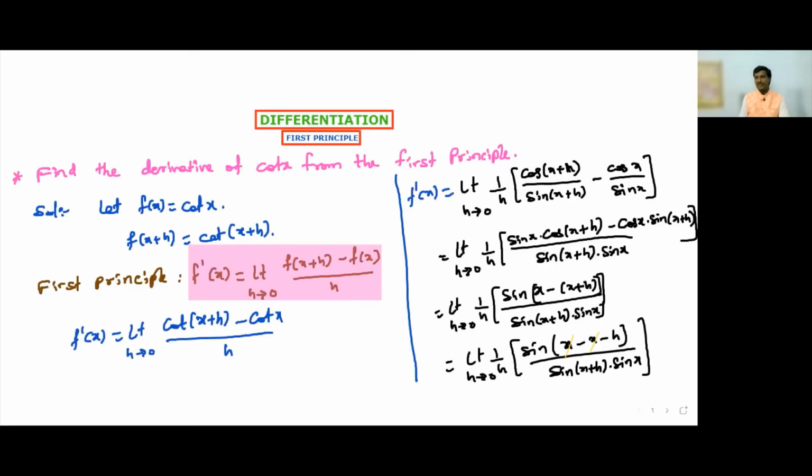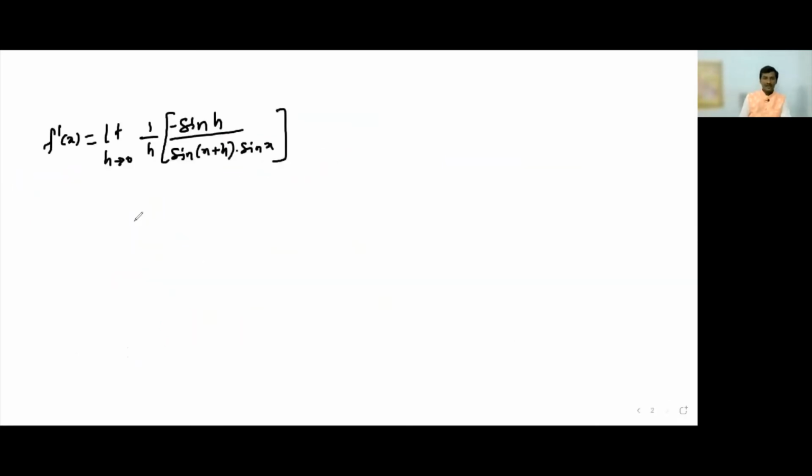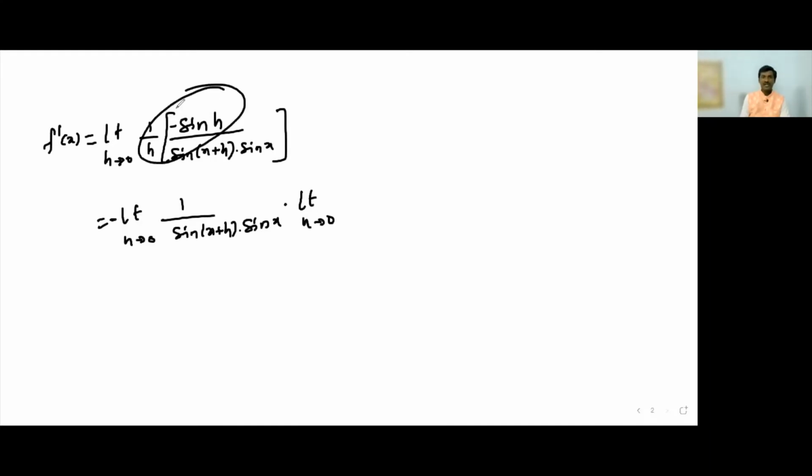We can write sine of minus h as minus sine h. I am writing the limit h tends to 0 separately for the denominator, sine of x plus h into sine x into sine x. I am also writing the minus sign outside, and sine h by h together.